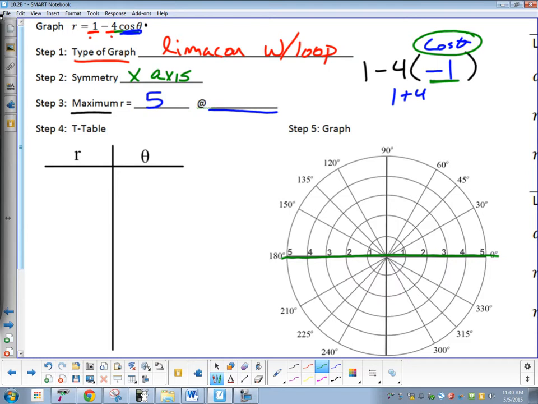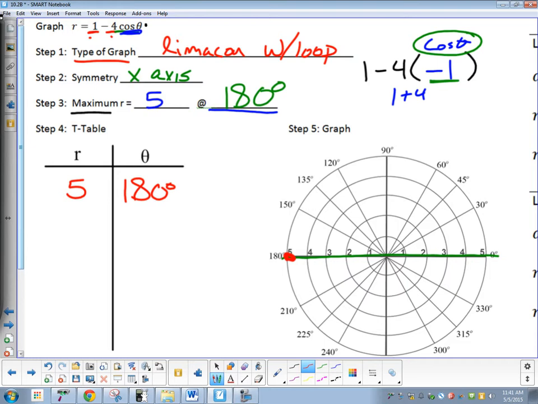It's either at 0, 90, 180, or 270. At 180, my X is -1. So 180 degrees is what I want here. So my first point that I can make on my graph is at 5, 180 degrees. There's my first dot.